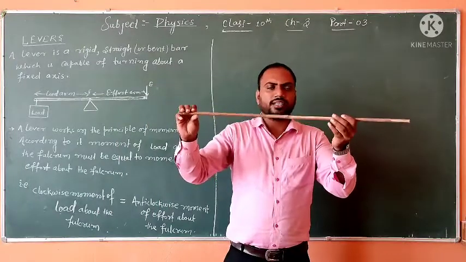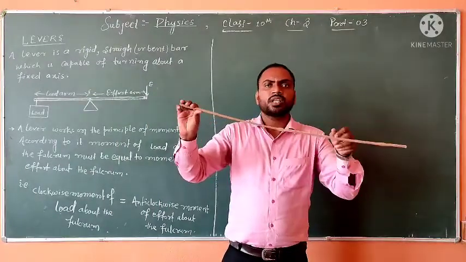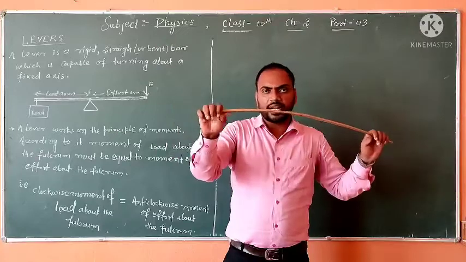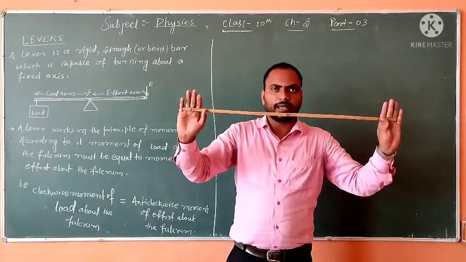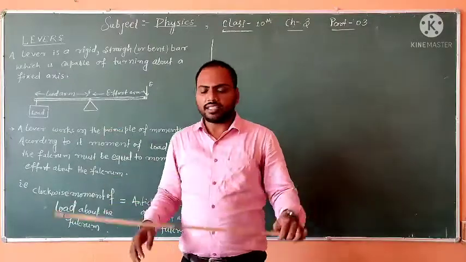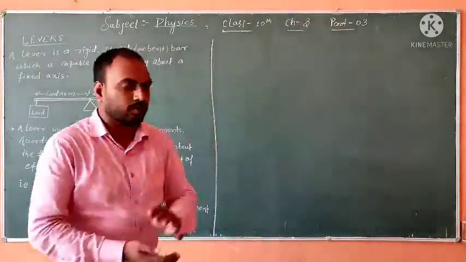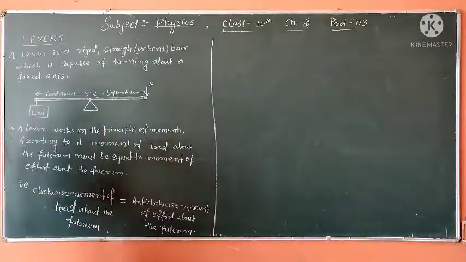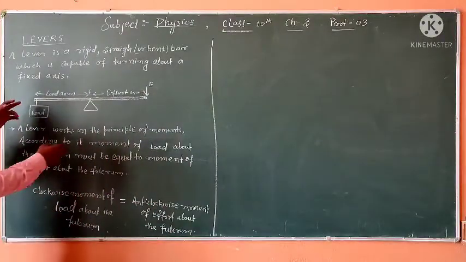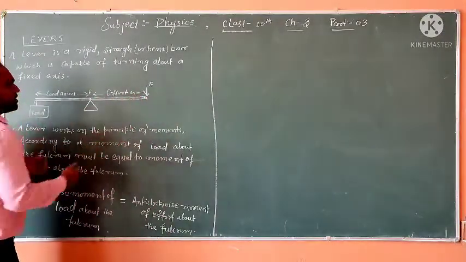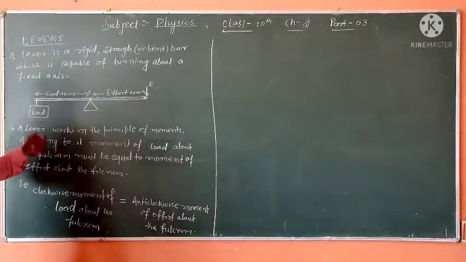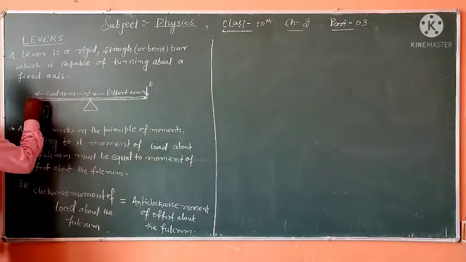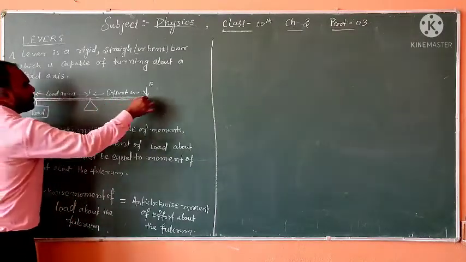It may be in bent shape or in a straight bar. Now let's suppose that this is a bar made up of metal, and let's name it A and B.